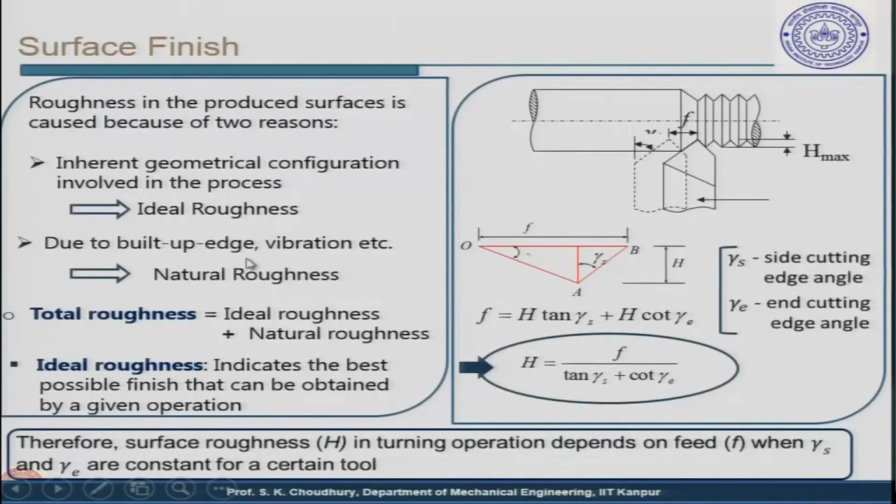So, these are the inherent properties, they cannot be changed. The second is due to the built up edge, vibration, etc., which cause the natural roughness. So, total roughness is the ideal roughness plus natural roughness.